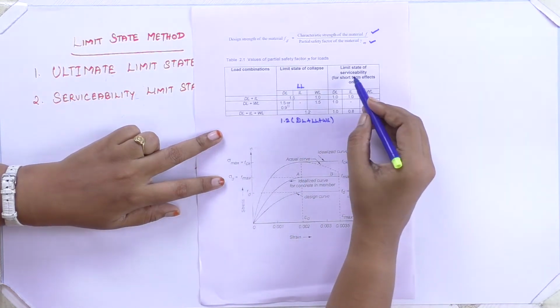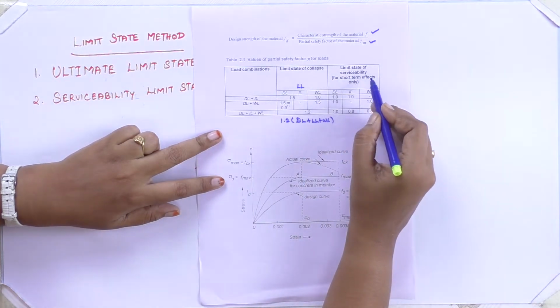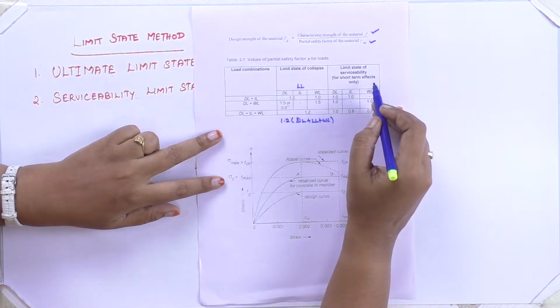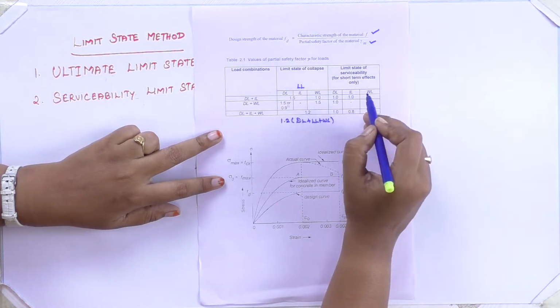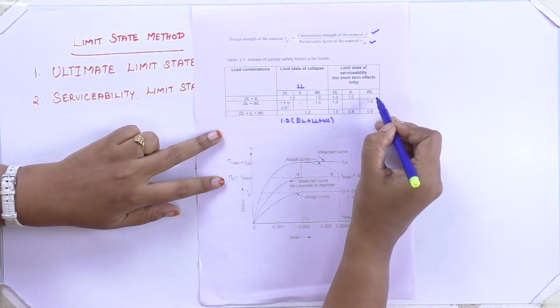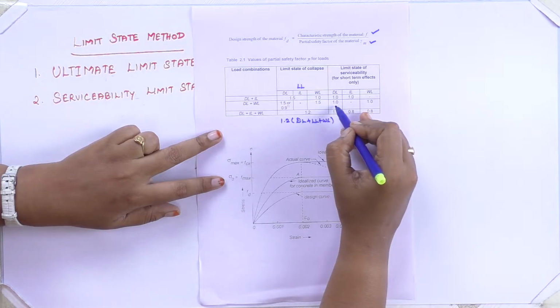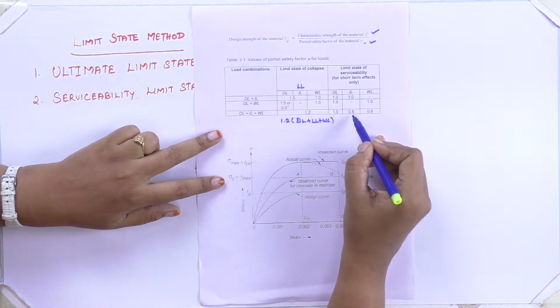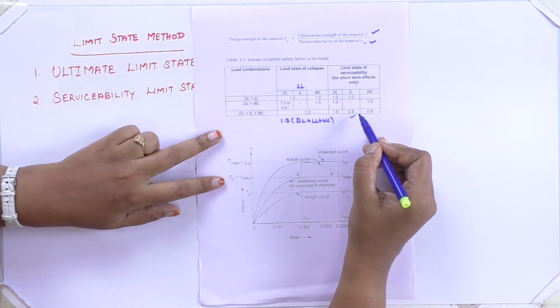When we check for limit state of serviceability, it is for short term effects only, so we are not providing any partial safety factor. It is around 1: 1 dead load, 1 live load, and it may be 1 dead load and 1 wind load. Then 1 times dead load and 0.8 times live load, because we can't expect the full live load in the structure.